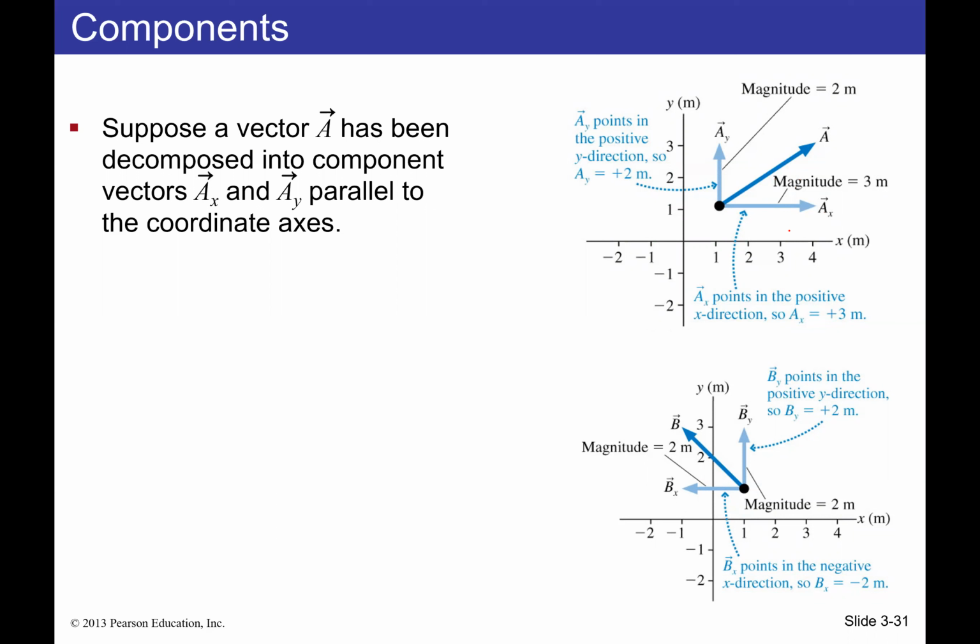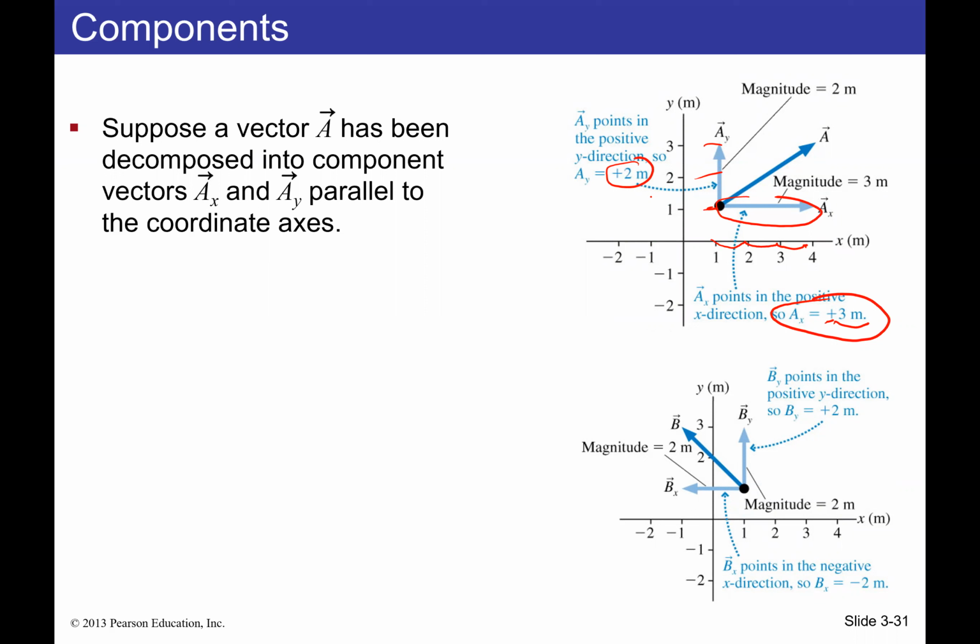Remember, vectors are independent of the coordinate system, so I don't have to start vector A from the origin. I can start it anywhere I want. Breaking it down, I get this vector AX, which is 1, 2, 3 meters, so AX is plus 3 meters. Plus 3 means 3 meters magnitude in the positive x direction. Then AY, starting from here, is 1, 2, so it's plus 2 meters. 2 meters is the magnitude, and plus is the upward direction.